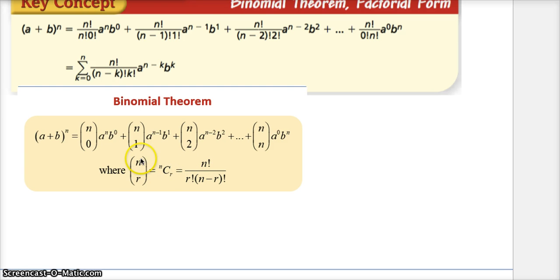So basically, when you have the n and the r here, these two numbers, what it means is this. You take n factorial, the factorial of the top number, and you divide it by the bottom number factorial, and then you continue to divide that by the factorial of the difference between the top and the bottom number.